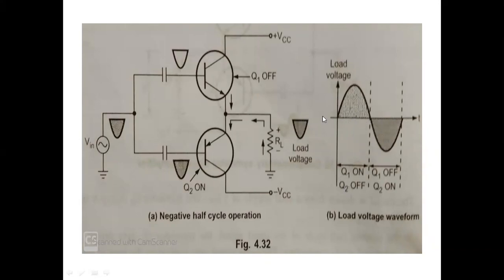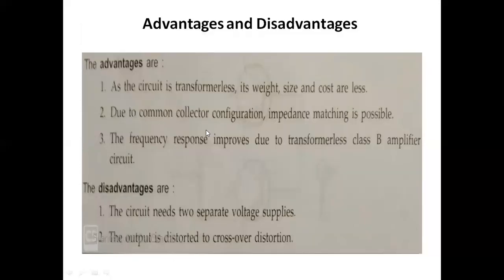During the negative half cycle, Q1 is off and Q2 is on, and we have some signal at the output due to the second transistor Q2. Thus we can get a complete cycle at the output for a complete cycle input. Okay, so that is about the complementary symmetry amplifier. Next, advantages and disadvantages of the complementary symmetry amplifier.